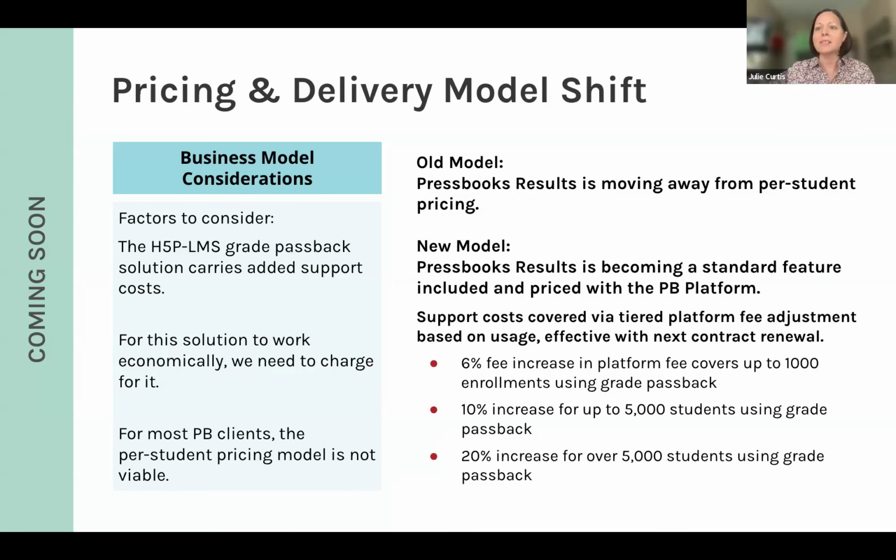We're just saying, hey, this is something to plan for. Then as usage ramps up, the fee adjustment will depend on usage. There's the standard moving everybody up a very low increment to say everybody has access to this. For those who start to see it at higher scale, like over 1,000 to 5,000 students, the tier increase is a little bit higher.